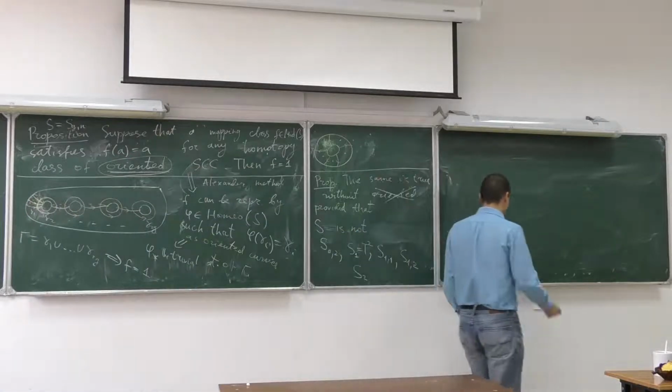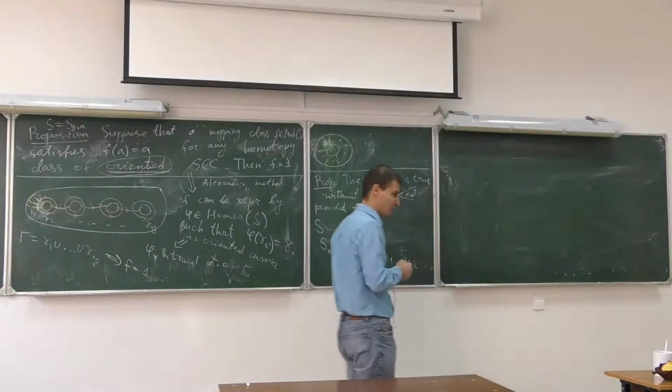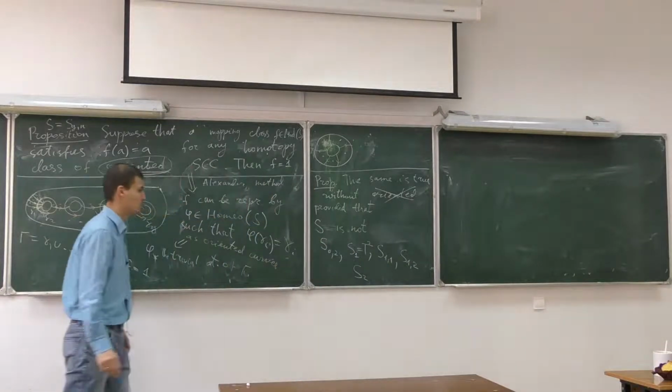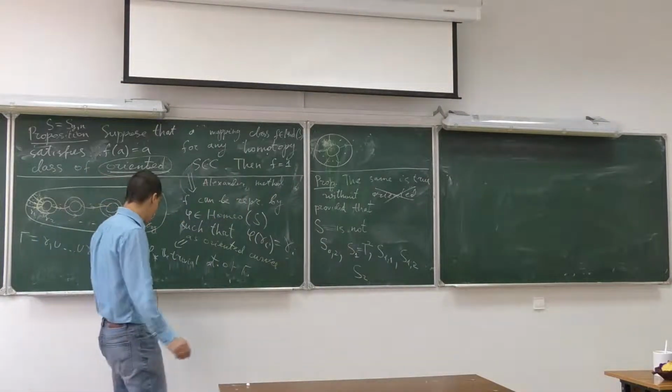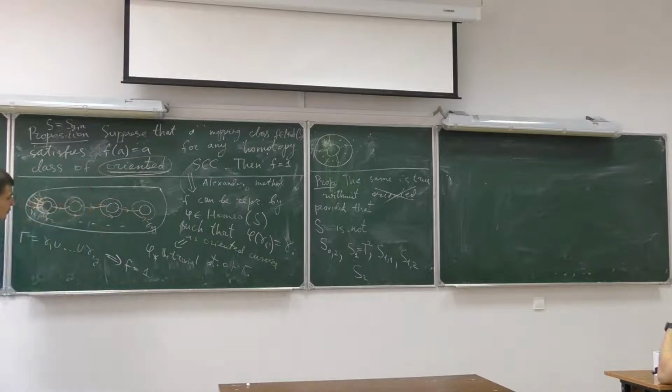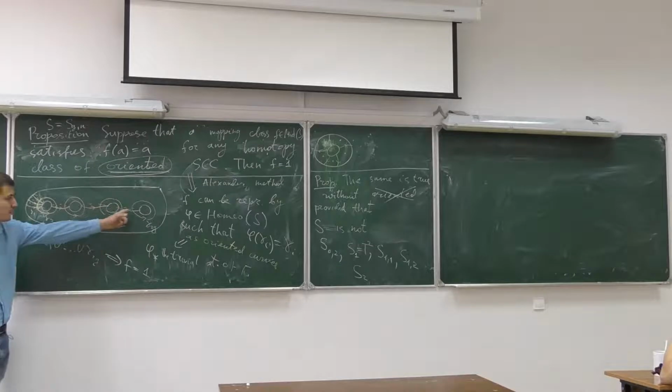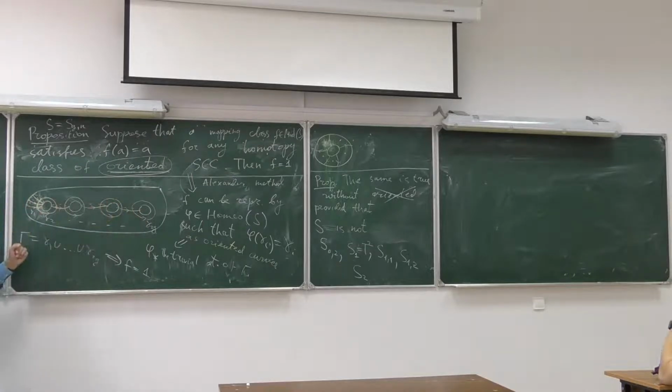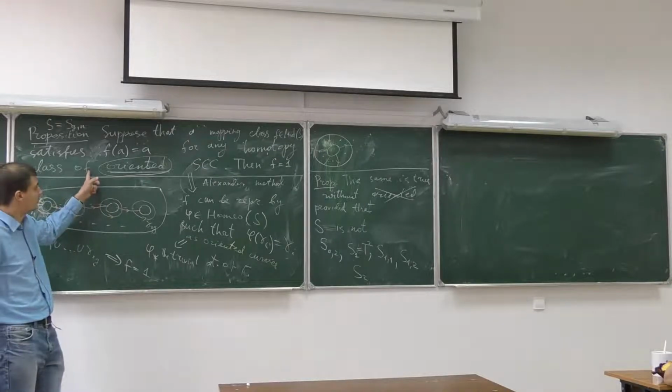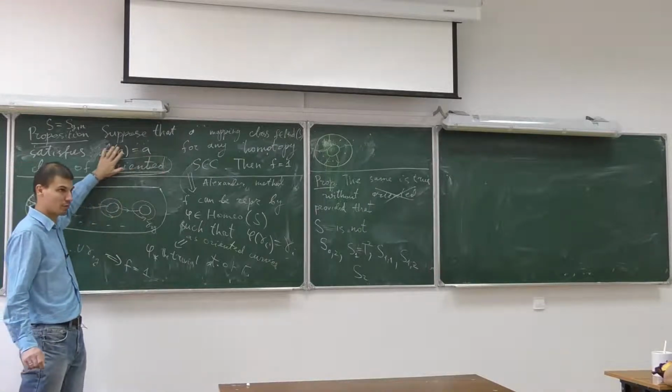Well, let us prove this and understand why these exceptions appear. First of all, there is a very easy remark, a very easy note. Note that provided we have these curves like that, then there are only two possibilities. Suppose that we do not know about orientations.